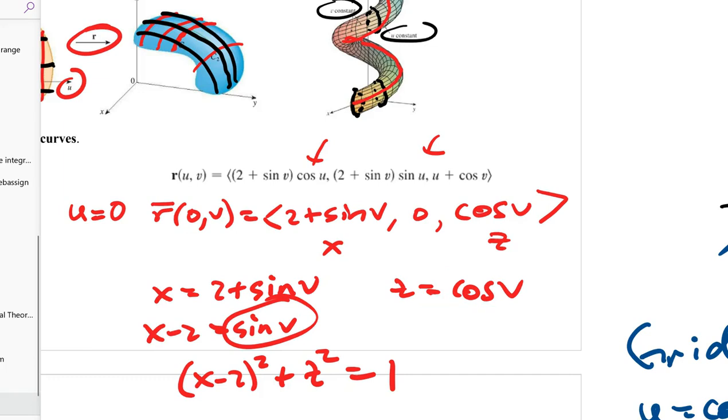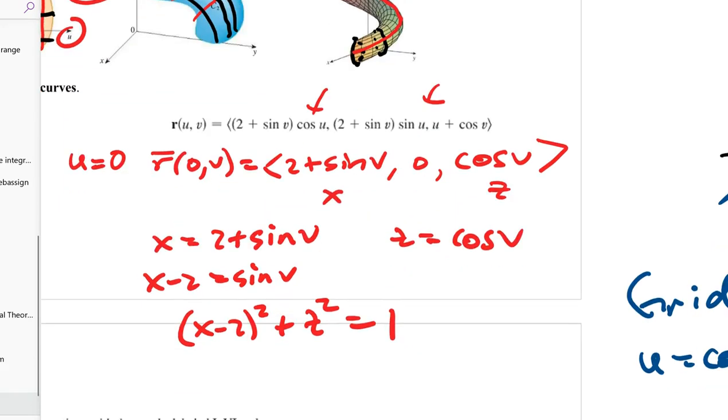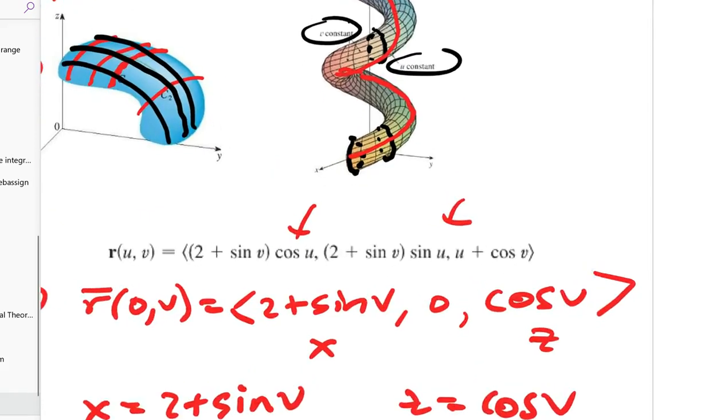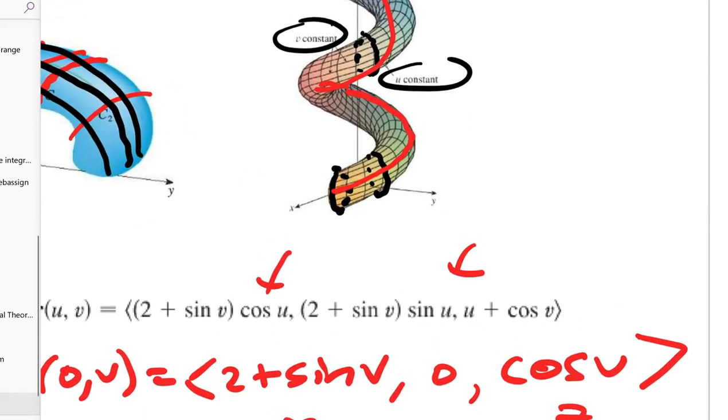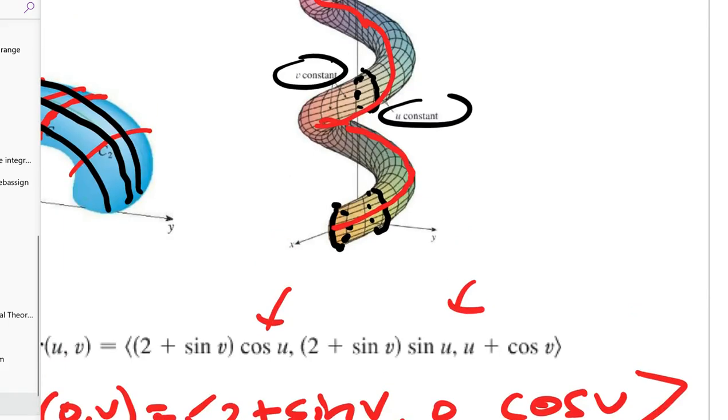So this is a circle of center 2, 0 in the xz plane with a radius of 1. That's where y is 0. So it's going to be this circle, maybe right over here.